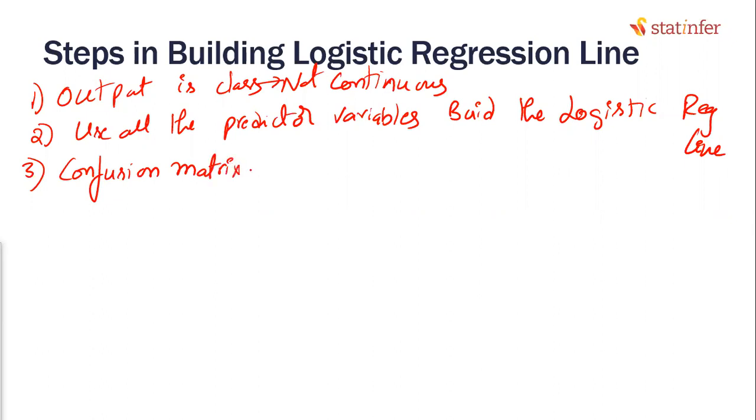From the confusion matrix, what are you going to derive? You're going to check the accuracy. And what is the usual general business standard? Maybe above 80% is preferred. Good. Confusion matrix, accuracy achieved.